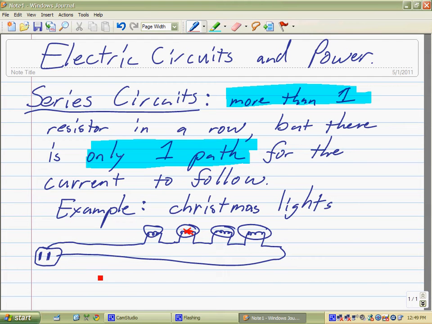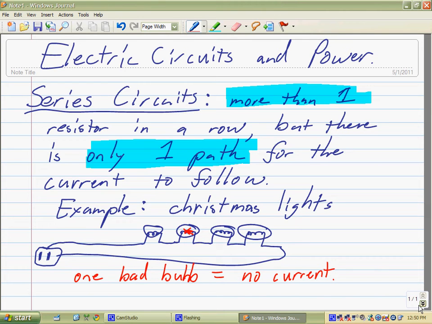So one bad bulb equals no current. Anytime I open a switch or I unplug it, it turns off the current.